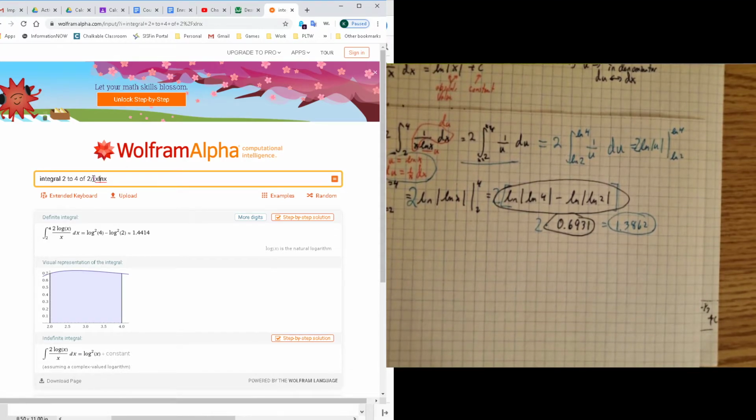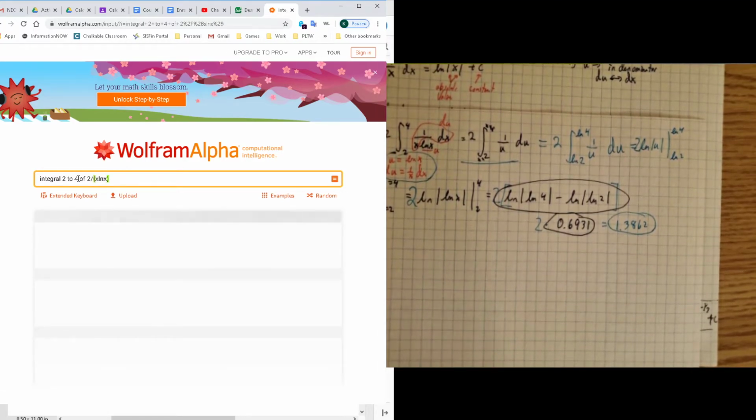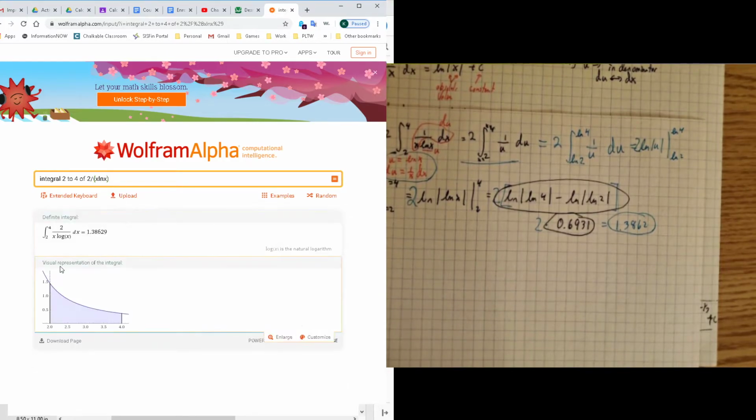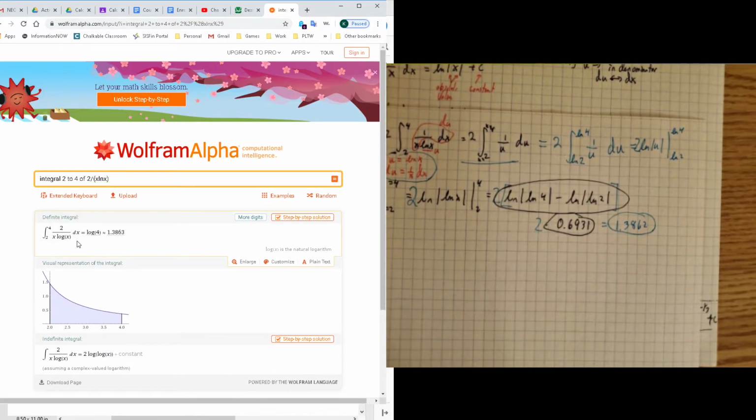Make sure it matches my original problem. Try that. There we go. Looks like I may have had a small rounding error, but that's good enough for me. So there we have it. Pretty neat. And so with these integration rules, we can do all kinds of nifty and fancy stuff with them.